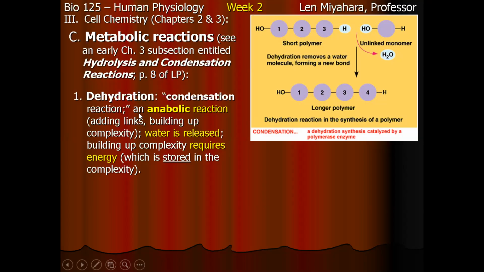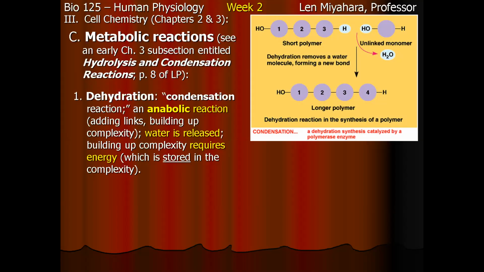It's anabolic, written right here, because it's building up. You have 2 smaller molecules, you end up with 1 larger molecule that's building up, and you have to put energy into it. That's why it says highlighted, requires energy.